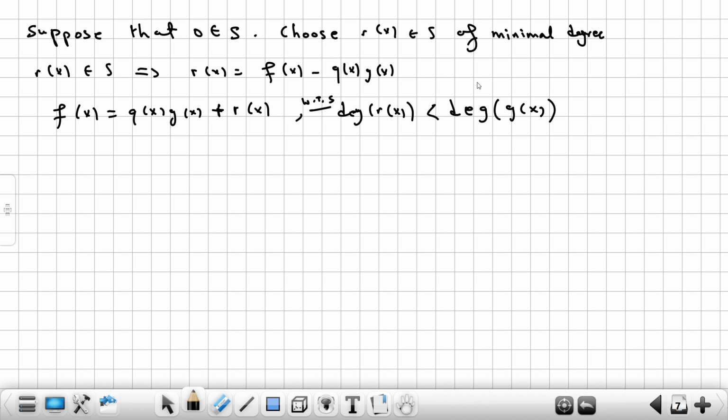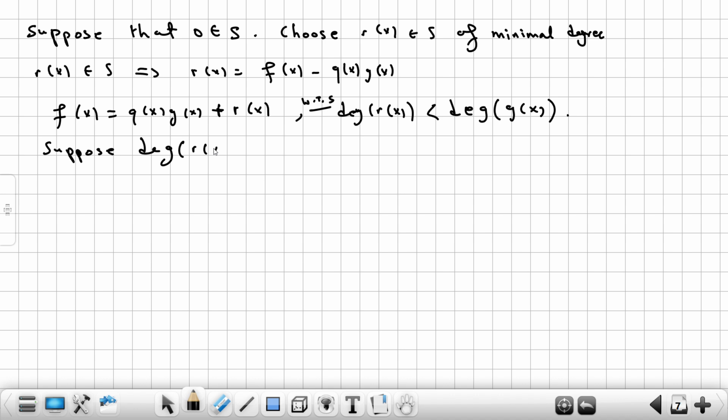To show that the degree of r of x is less than the degree of g of x, we suppose the contrary.